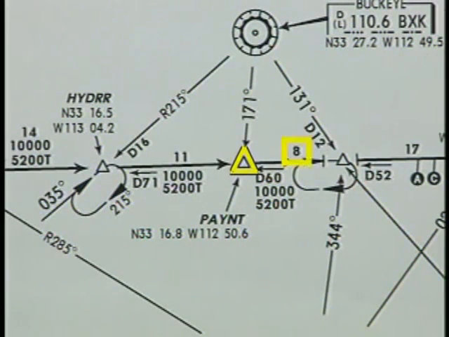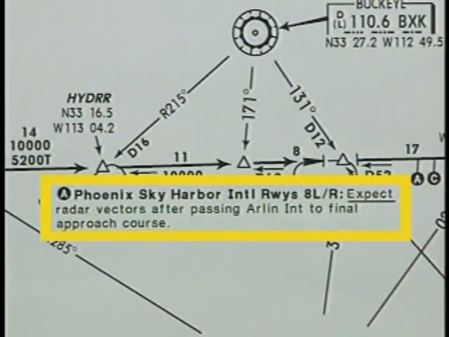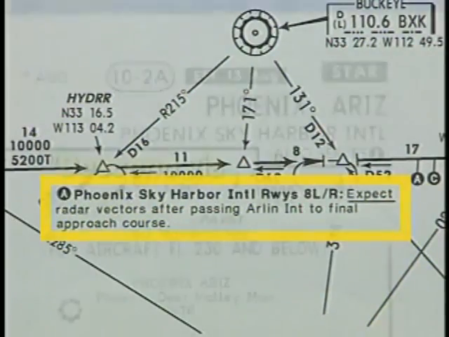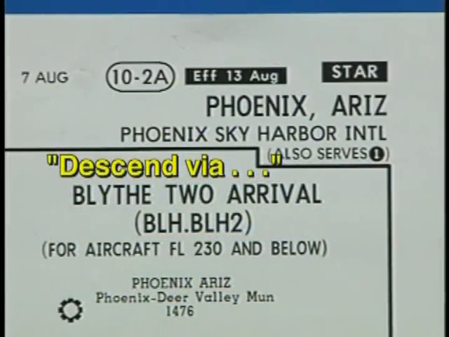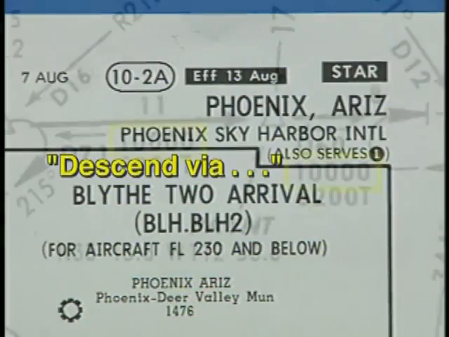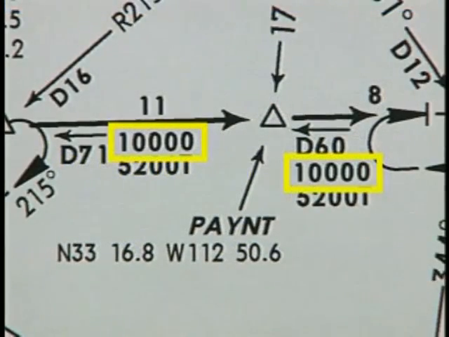From Paint, it's another 8 nautical miles to Arlen, where you can expect radar vectors off the arrival to begin your approach. A descend via clearance simply instructs you to follow the altitudes published on the STAR. If you were instructed to descend via the Blythe 2 arrival, you would be expected to stay above the MEAs published on this chart.